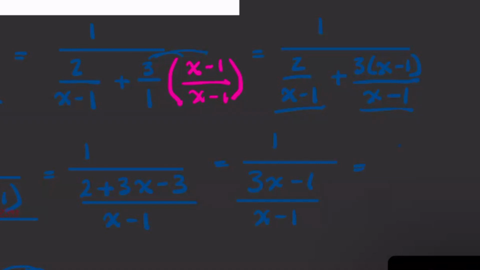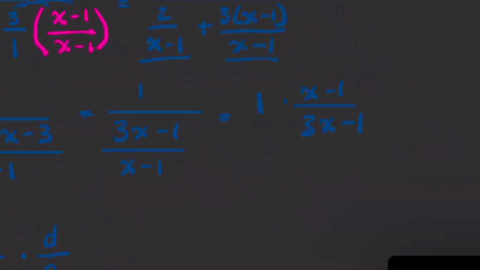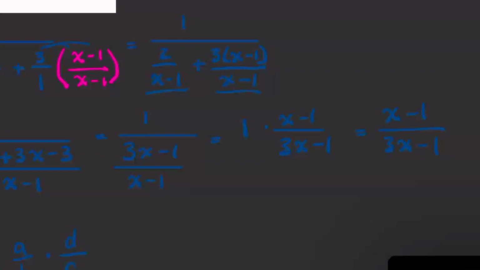So now here the numerator, which is 1, I am going to multiply by the reciprocal of the denominator, which is x minus 1 over 3x minus 1. So that is equal to x minus 1 over 3x minus 1. So this is my simplified composition function. So f of g of x is equal to x minus 1 over 3x minus 1.